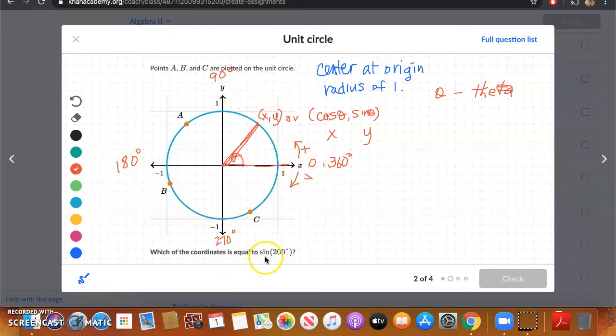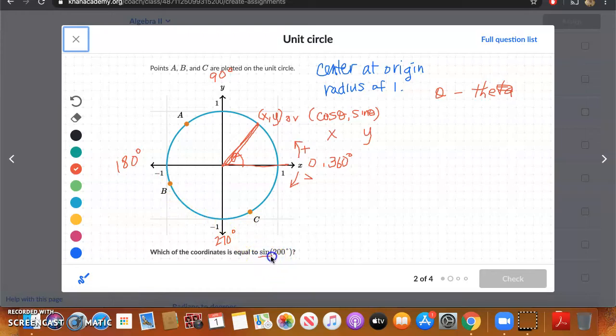So when they ask which of the coordinates, A, B, or C, is equal to sine of 200: A is an angle between 90 and 180, B is an angle between 180 and 270, and C is an angle between 270 and 360.